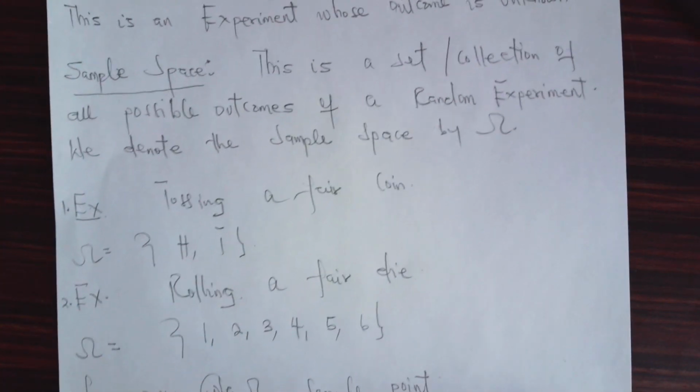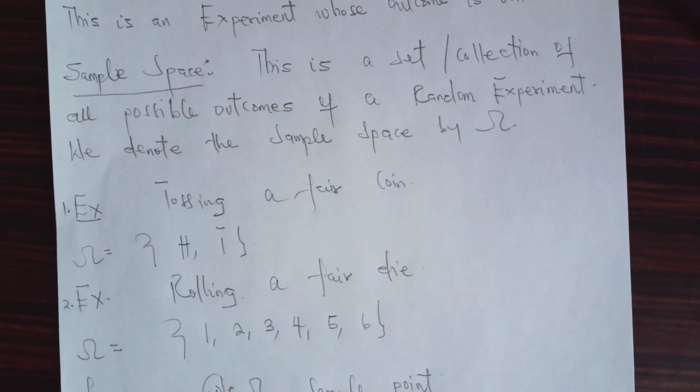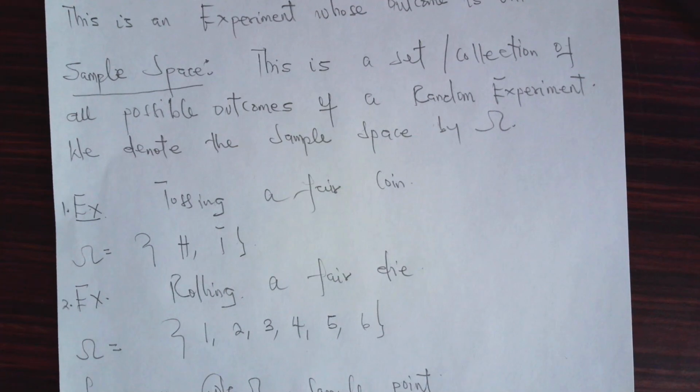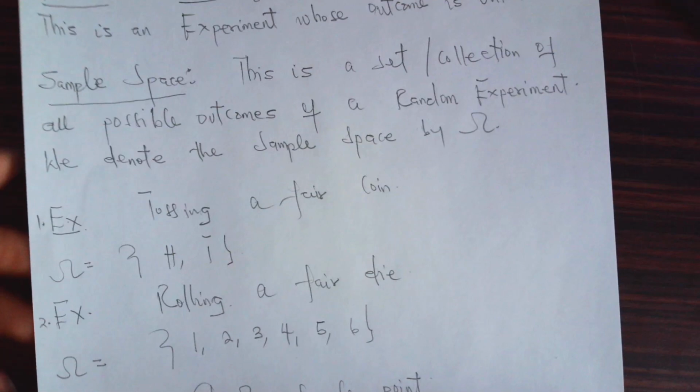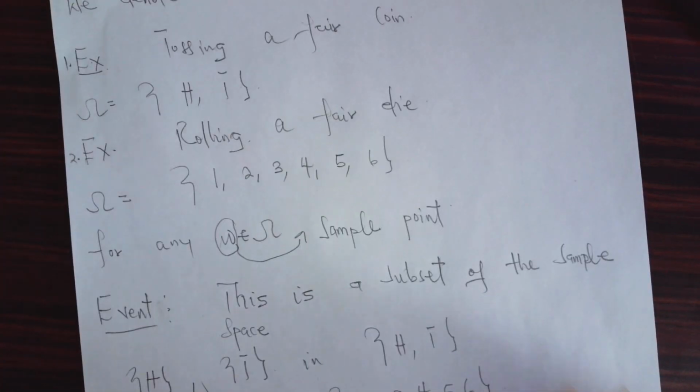Another example is if we roll a fair die, we don't know whether we get 1, 2, 3, 4, 5, or 6. If we collect all these outcomes together, we get a sample space to model this random experiment. Any element that belongs to this sample space, we call a sample point of the sample space.